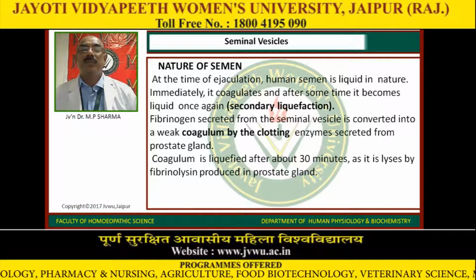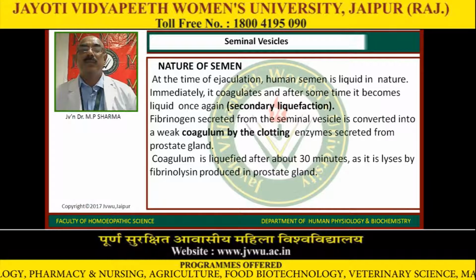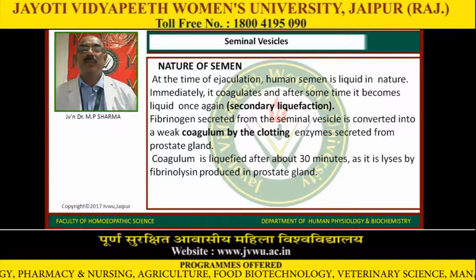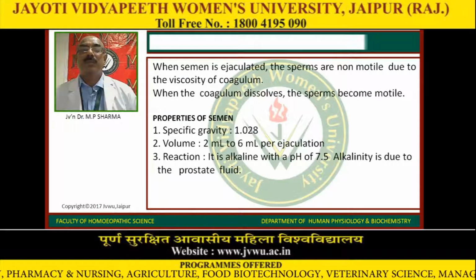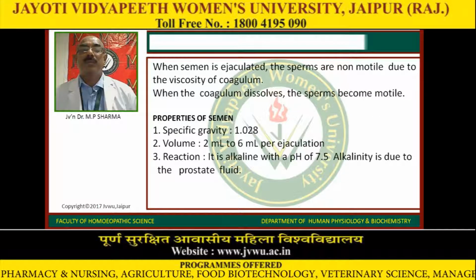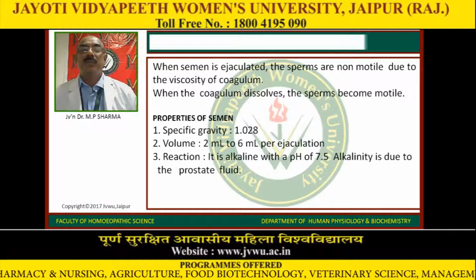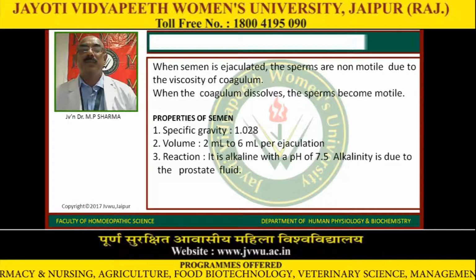Coagulum is liquefied after about 30 minutes as it is lysed by fibrinolysin produced in prostate gland. When semen is ejaculated, the sperm are non-motile due to the viscosity of the coagulum. When the coagulum dissolves, the sperm becomes motile.